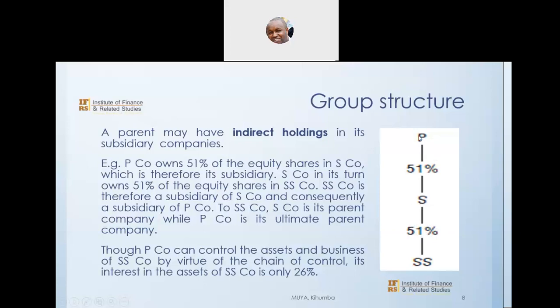Does P own SS? Yes, it does, but indirectly. What is its indirect ownership? Its indirect ownership would be 51% times 51%, and that would give us 26%.